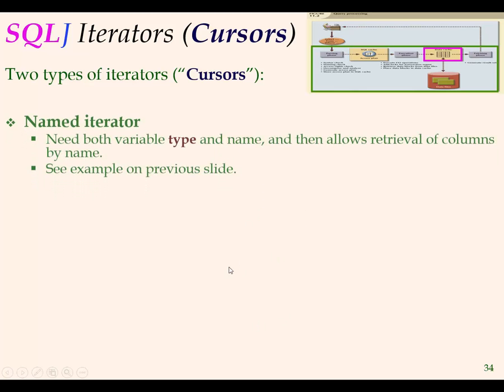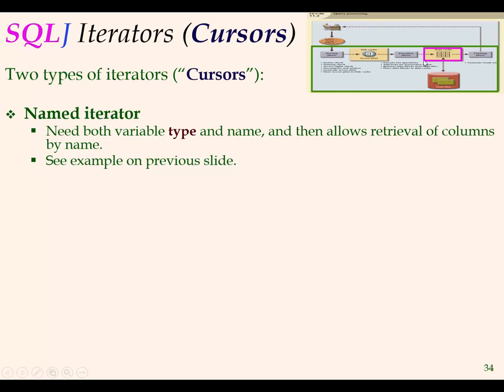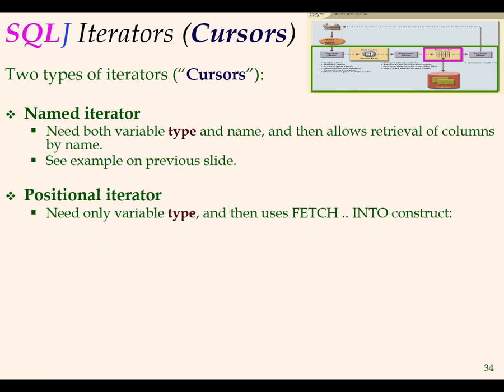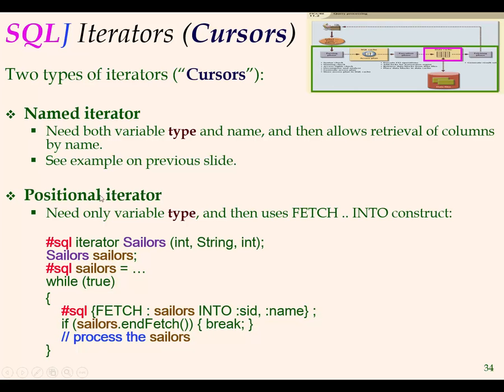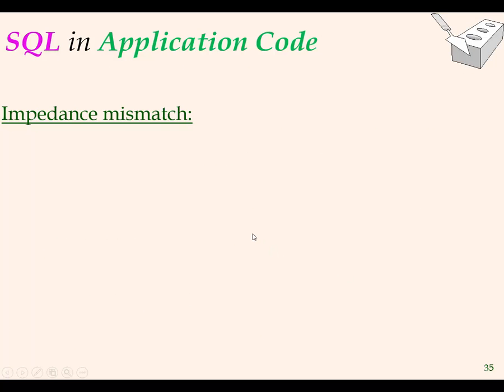The iterators actually point to the memory location in the DBMS server where the table, the result set, is. You can have a named or unnamed iterator. So this is another example: when you define Sailors, this is a named iterator. Very good.